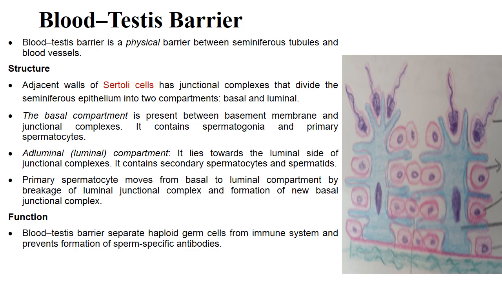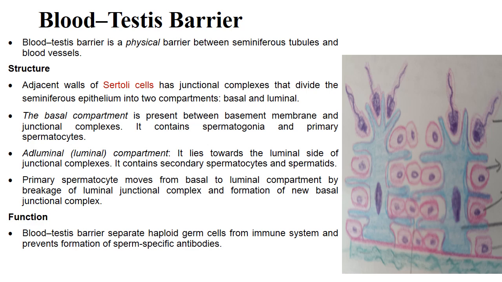The basal compartment is present between the basement membrane and the junctional complex, and it contains spermatogonia and primary spermatocytes. In some textbooks, they have given that the basal compartment has only spermatogonia. Then, towards the lumen, we have the adluminal compartment, and it contains primary and secondary spermatocytes, and at the apical part of the adluminal compartment, there are spermatids.